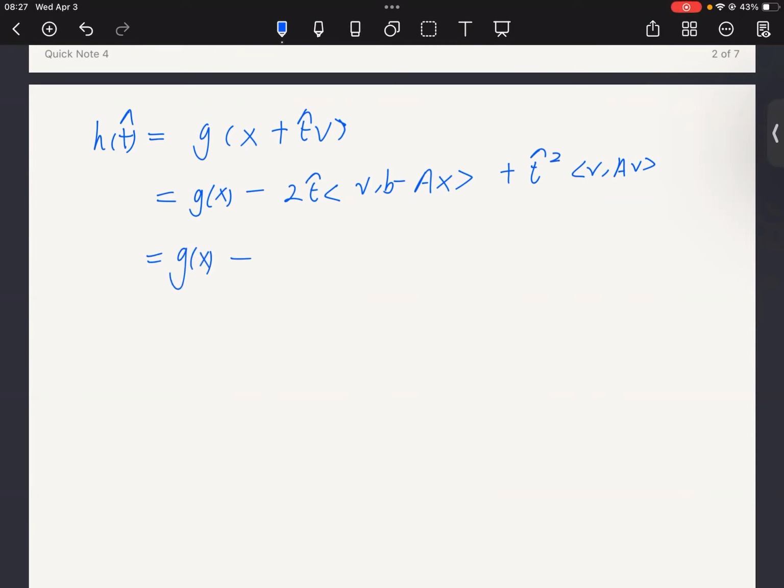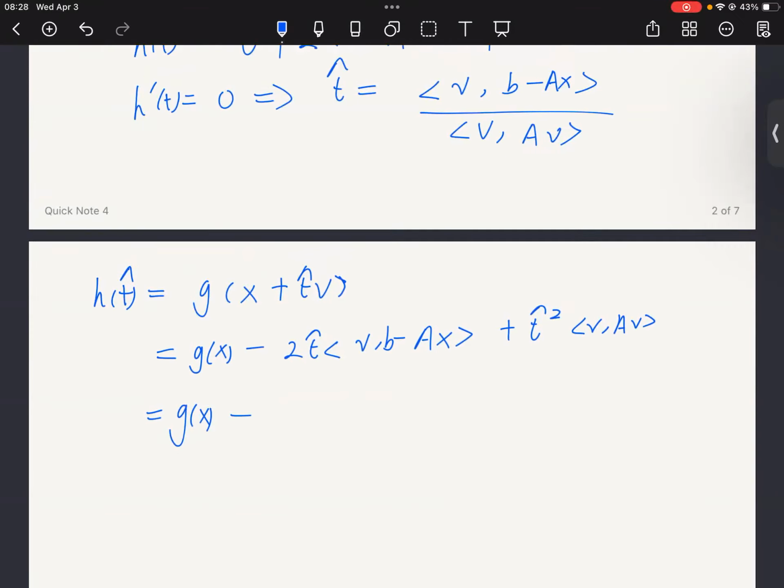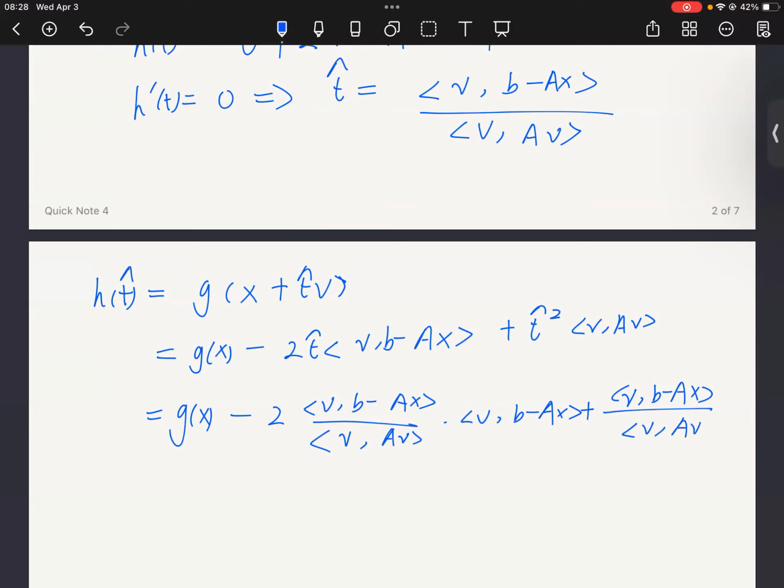The t hat here is v(b minus Ax) over v A v. And what is the t squared? t squared is just the same expression, all taking the square. Okay, it's so big.